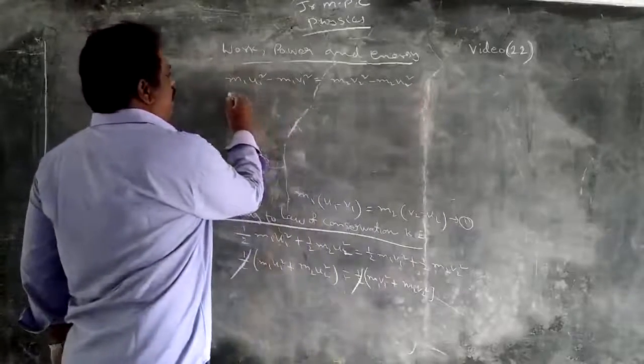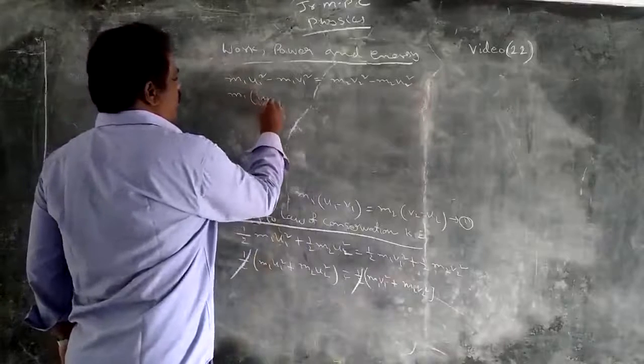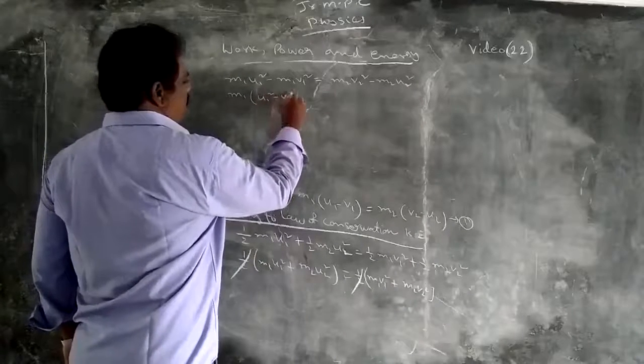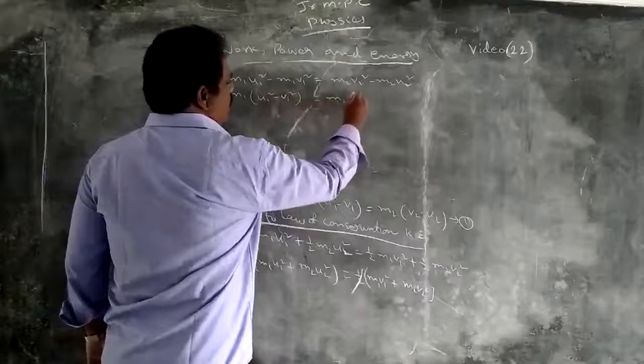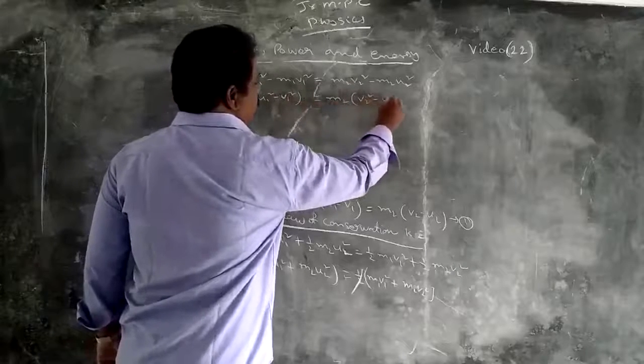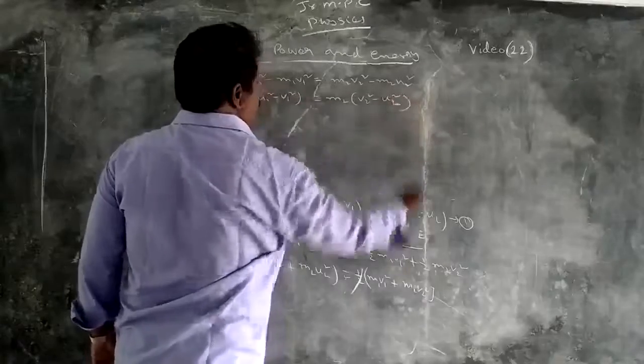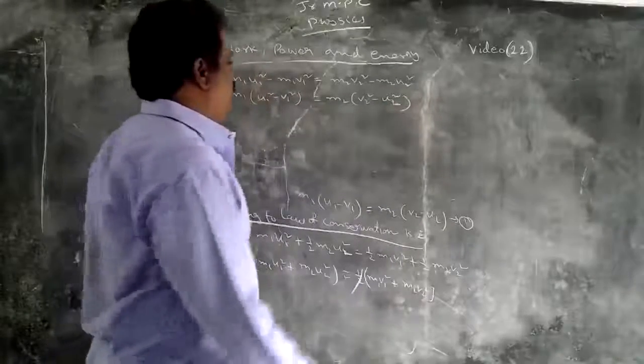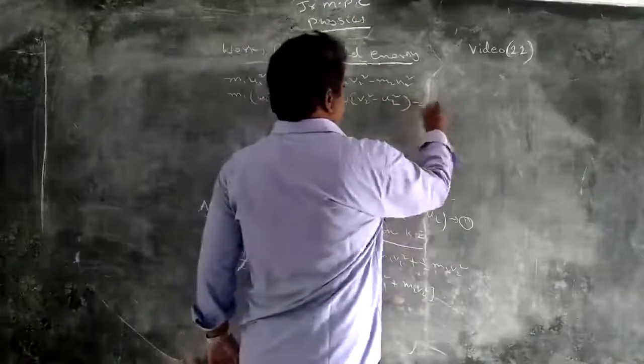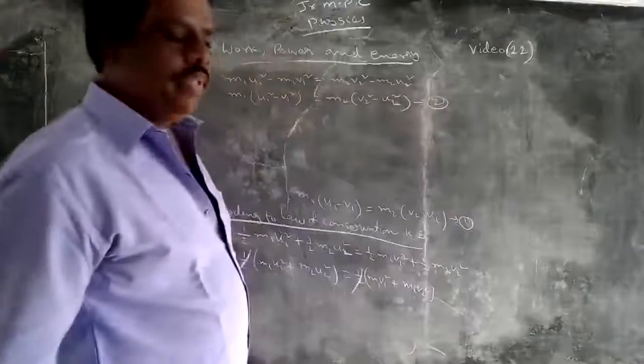Take out the common m1 here: m1 (u1 squared minus v1 squared) equals m2 (v2 squared minus u2 squared). That will be equation number 2.